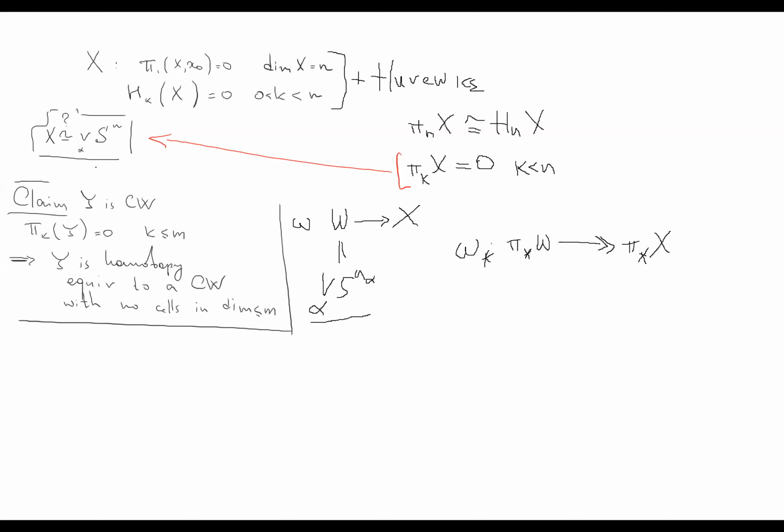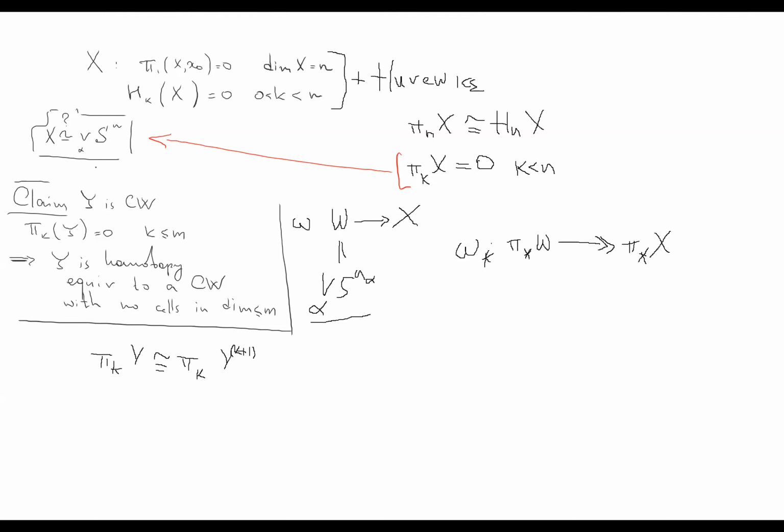Any ideas? So we have the relation on the k-skeleton that pi_k of Y is isomorphic to pi_k of its (k+1)-skeleton. This is just the cellular approximation theorem, I guess.